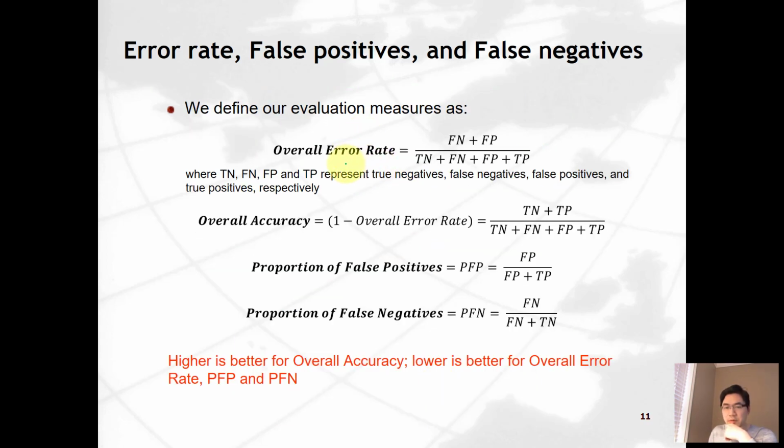So the overall error rate is the misclassification rate here. If you break it down to the 4 cells of the confusion matrix, it's the 2 errors that it makes, the false positive and false negative, because these are the 2 errors. The other 2, the diagonal cells, are the correct classifications.